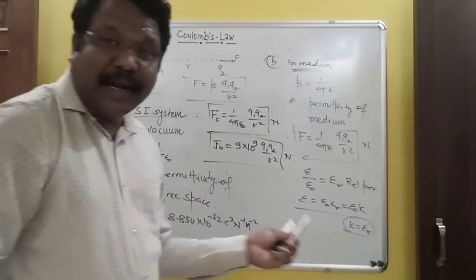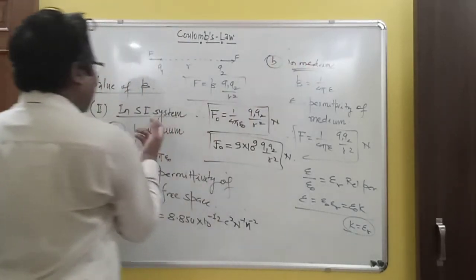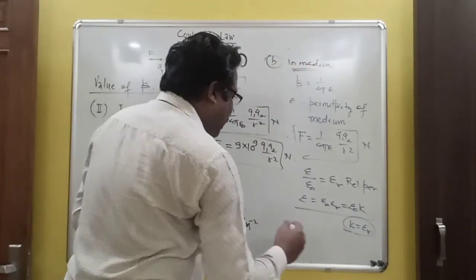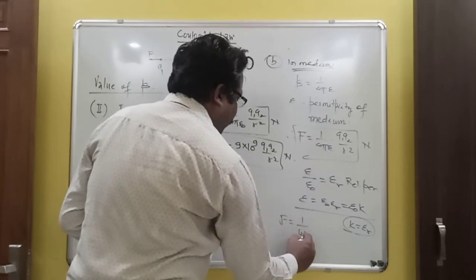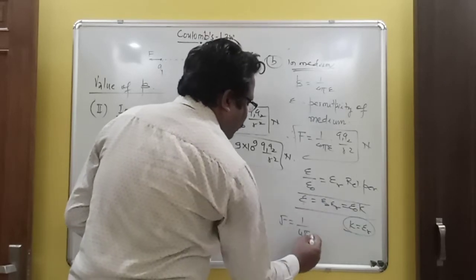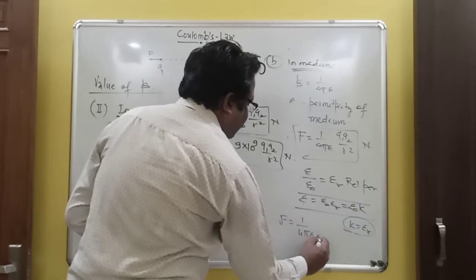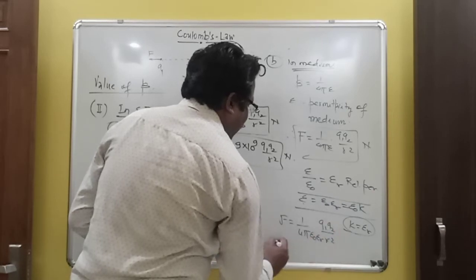K means dielectric constant. So finally, in SI system and in medium, you may write the force as 1 upon 4 pi epsilon naught epsilon R Q1 Q2 by R square.